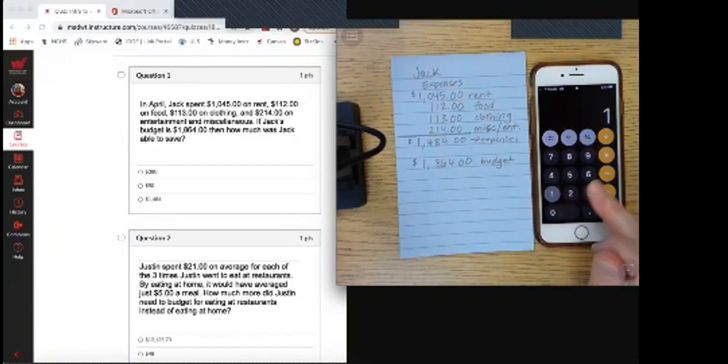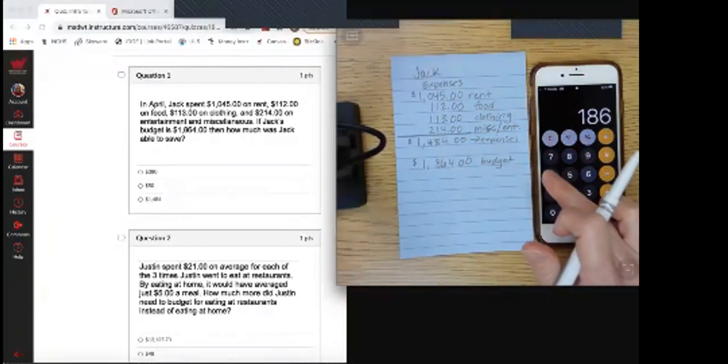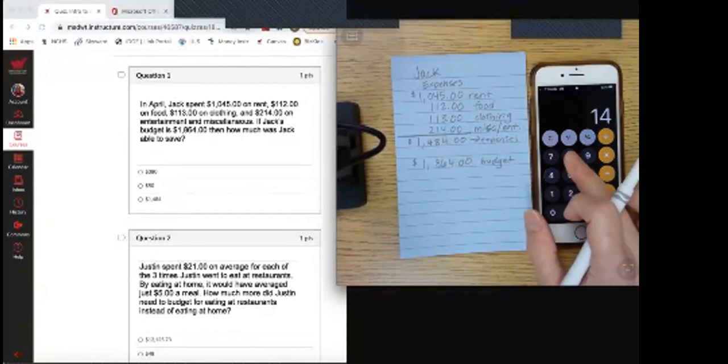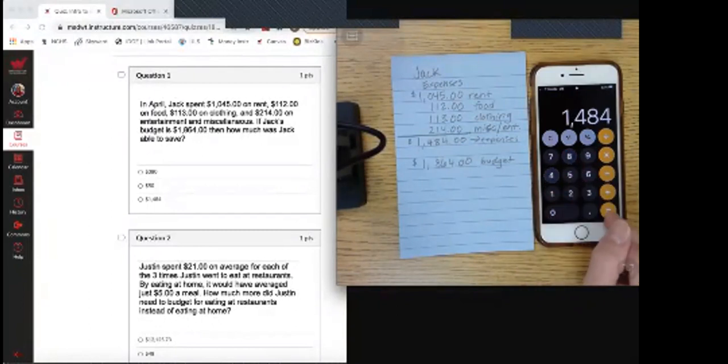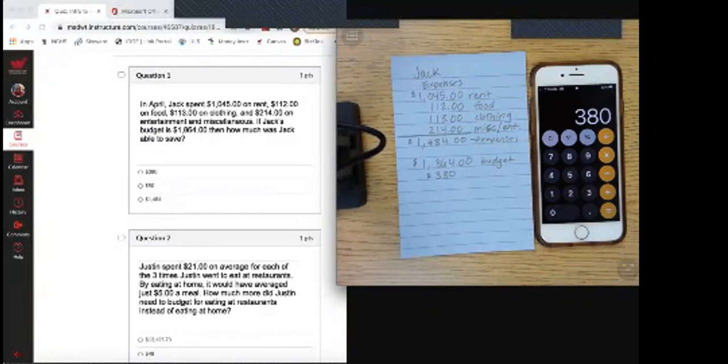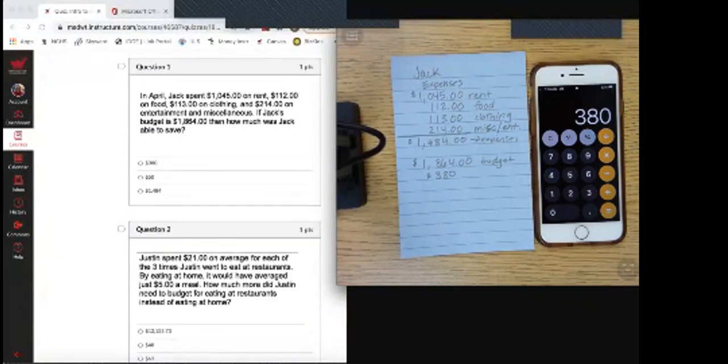So we say 1,864 minus the money he spent, 1,484, equals $380. So now we have to go here in question 1 and find out where's the right answer. So he was able to save $380.